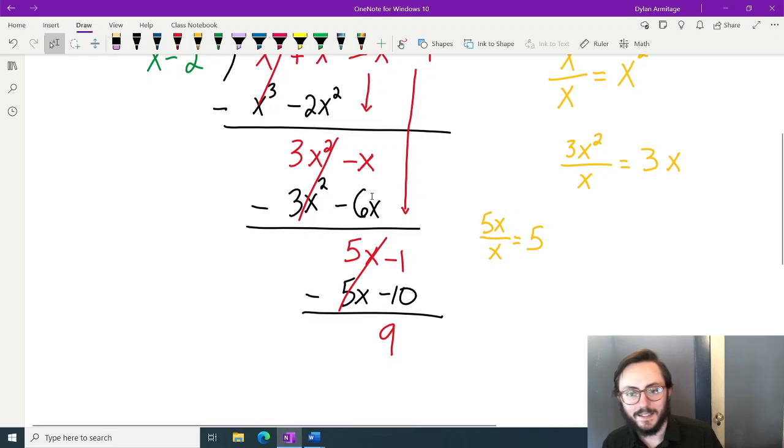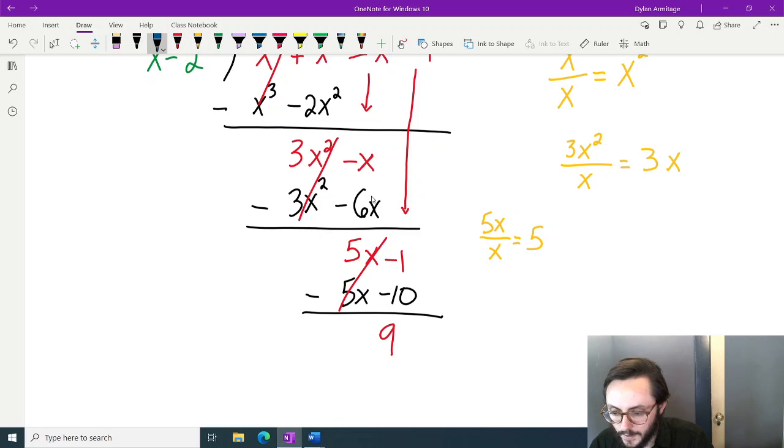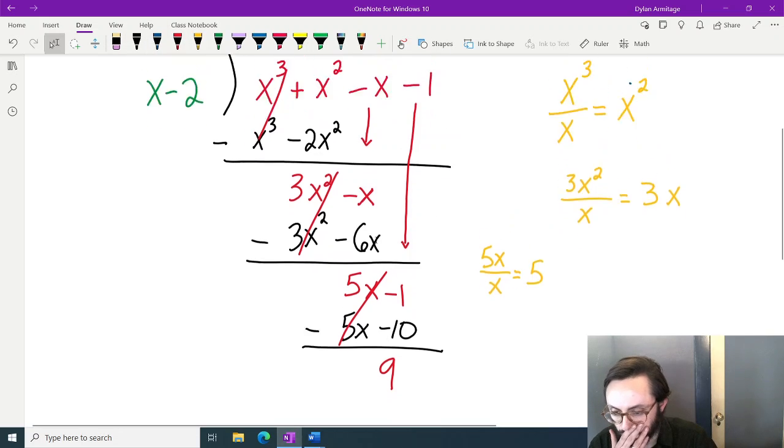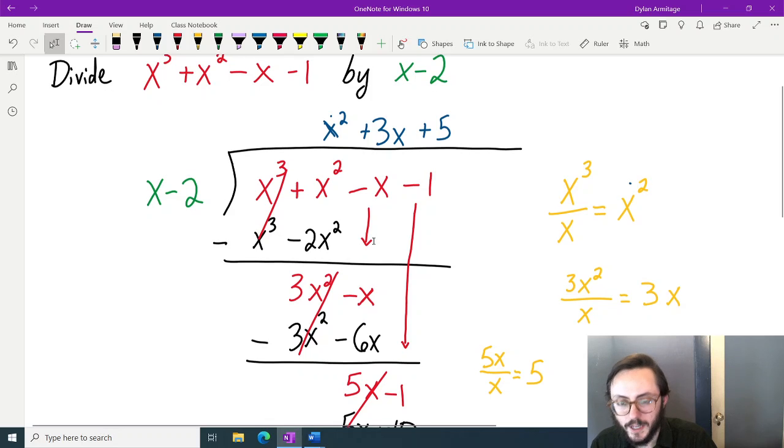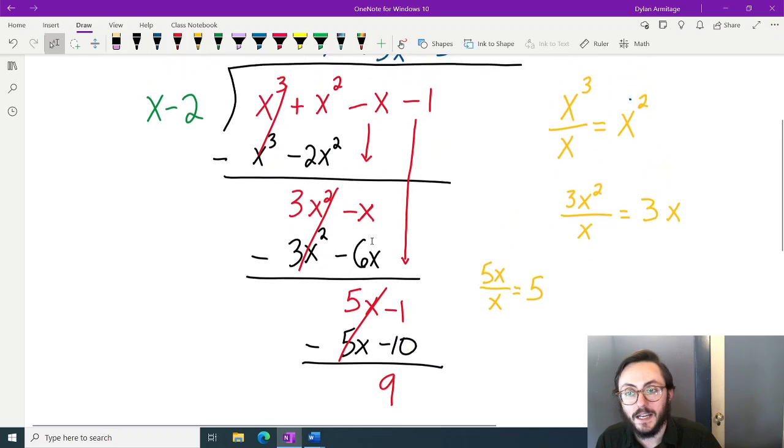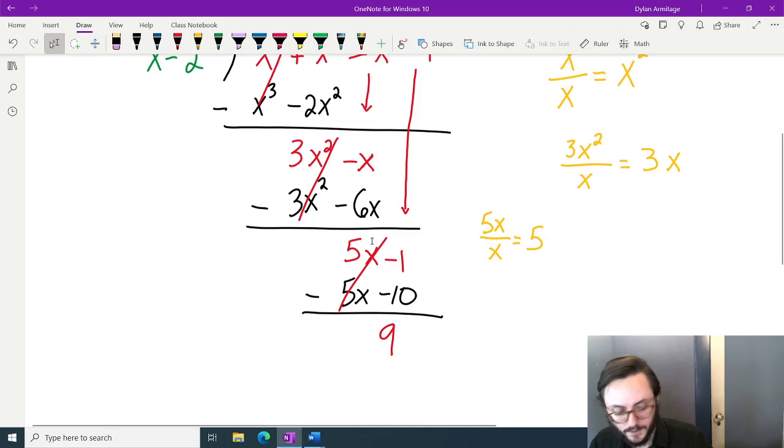So this means that our final answer is x squared plus 3x plus 5 plus 9 over x minus 2.